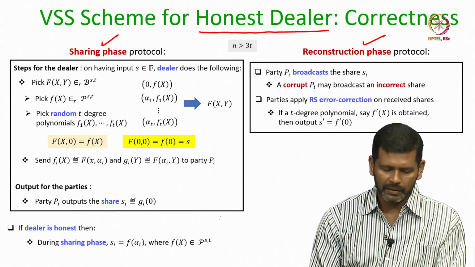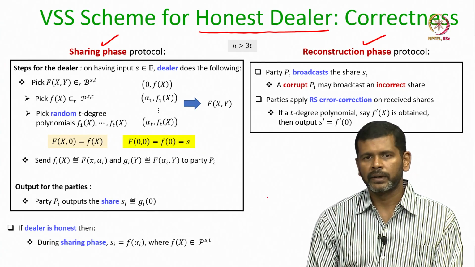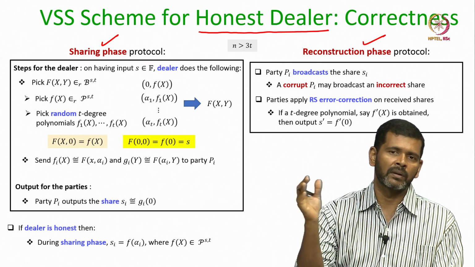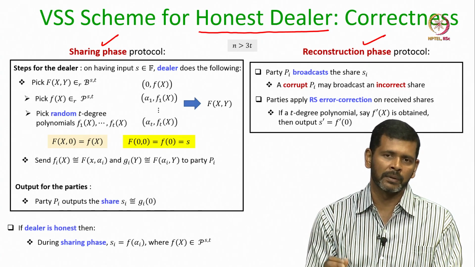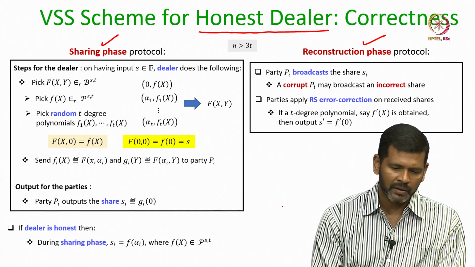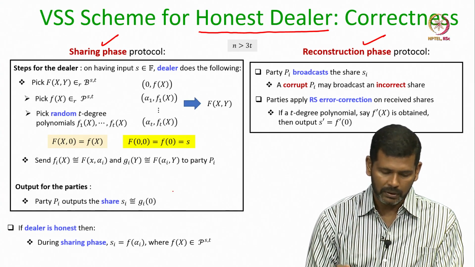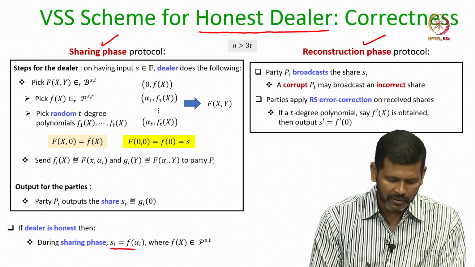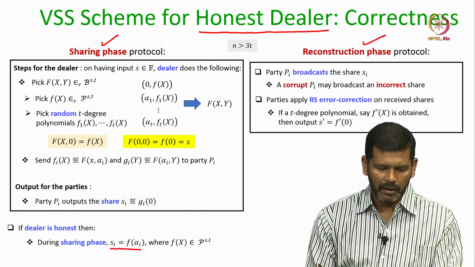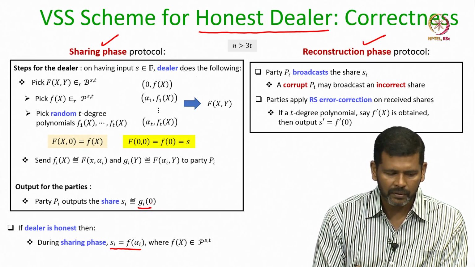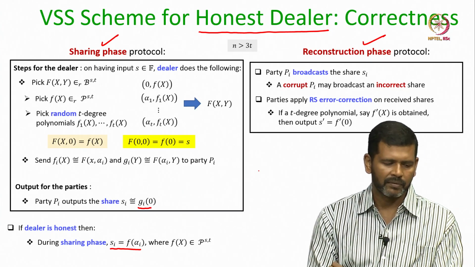Let us first prove the correctness, and just to recap, what exactly is the correctness property? The correctness property of the VSS demands that if the dealer is honest, then the shares of all the honest parties lie on some t degree polynomial chosen by the dealer, and that is exactly what is happening here, because if the dealer is honest, which we are assuming to be true, then during the sharing phase every honest party Pi outputs the share S i, and S i is nothing but g i of 0, and g i of 0 we have already shown is nothing but f of alpha i.